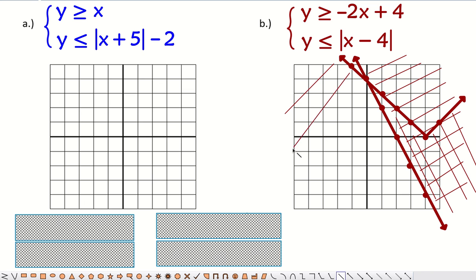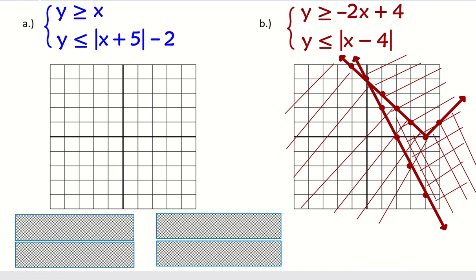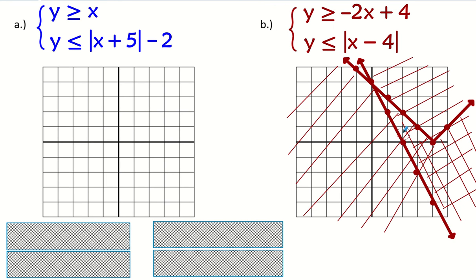There will be shading below the V all out here, but it's pretty obvious to me anyway that the final shading is all of this.